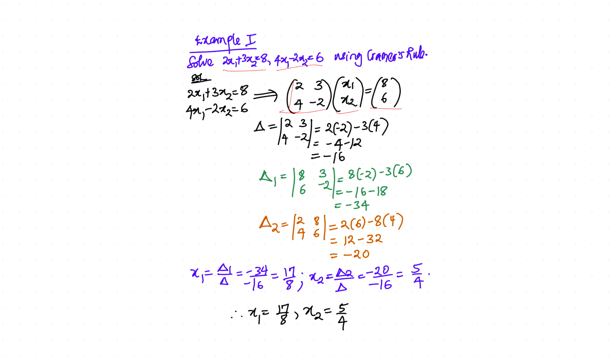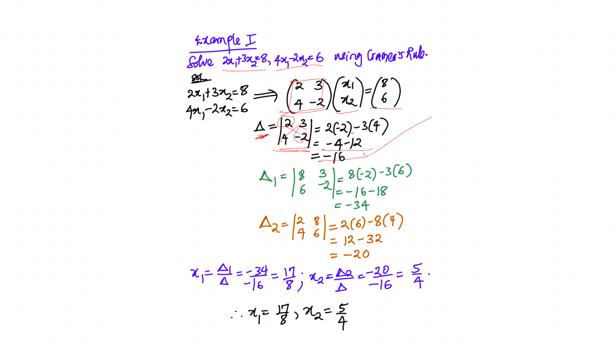Let me call it det. That is the determinant of 2, 3, 4, minus 2, which is 2 times minus 2, minus 3 times 4. That's minus 4 minus 12, which gives minus 16.